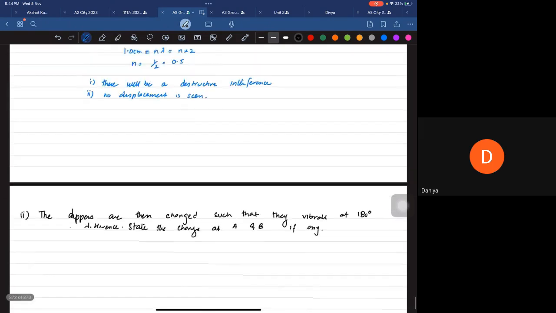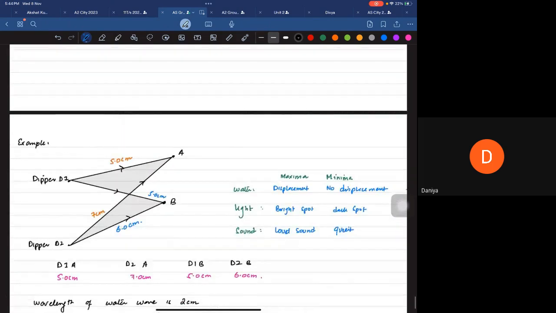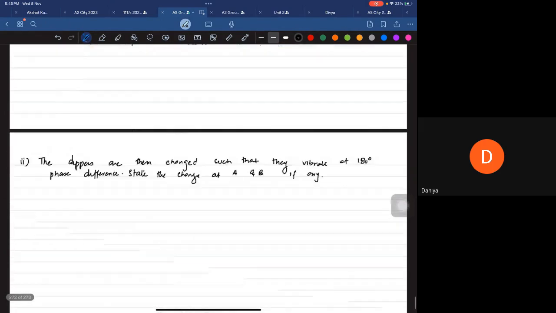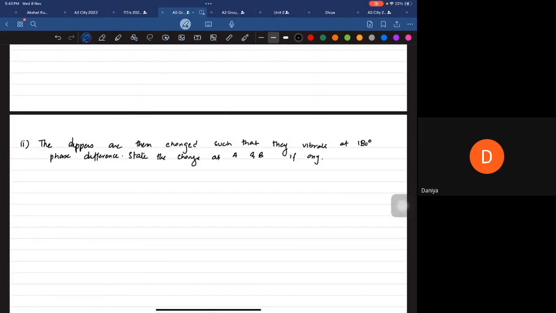Now, when they were vibrating together, A got constructive interference, B got destructive interference. But 180 degrees means now they will be vibrating in opposite directions. So write a small note here.